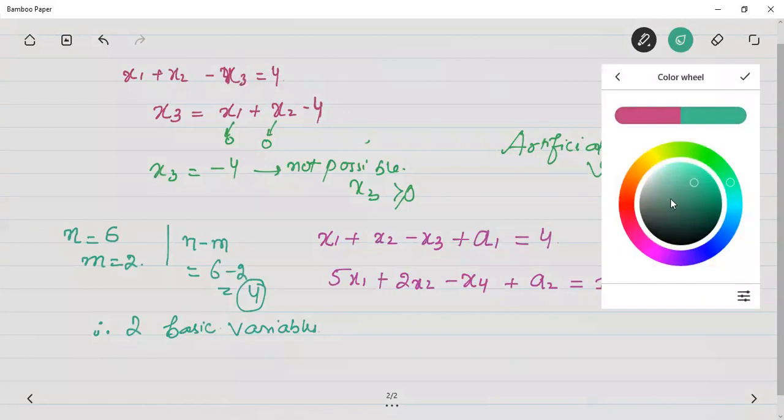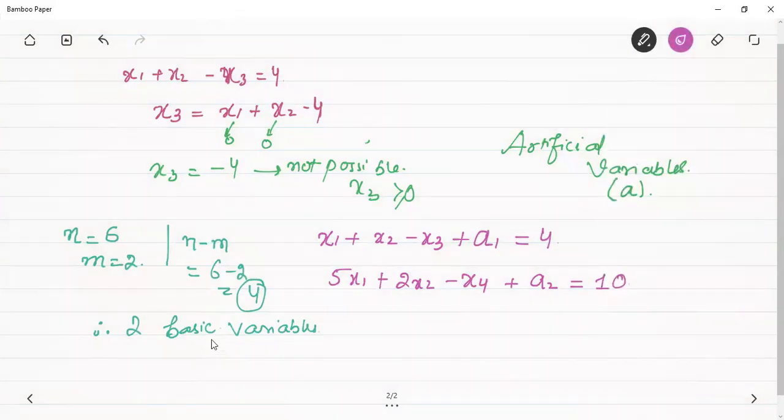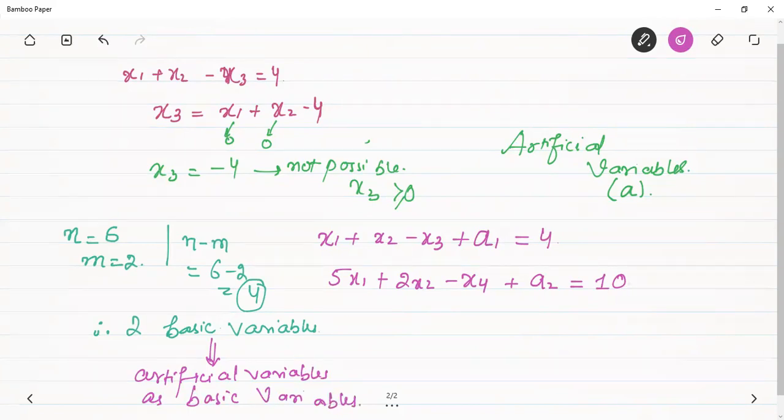And now I will start with the artificial variables as the basic variables. These artificial variables will be the basic variables. So in the first table, I will have the artificial variables in the order of A1 and A2. ठीक है.